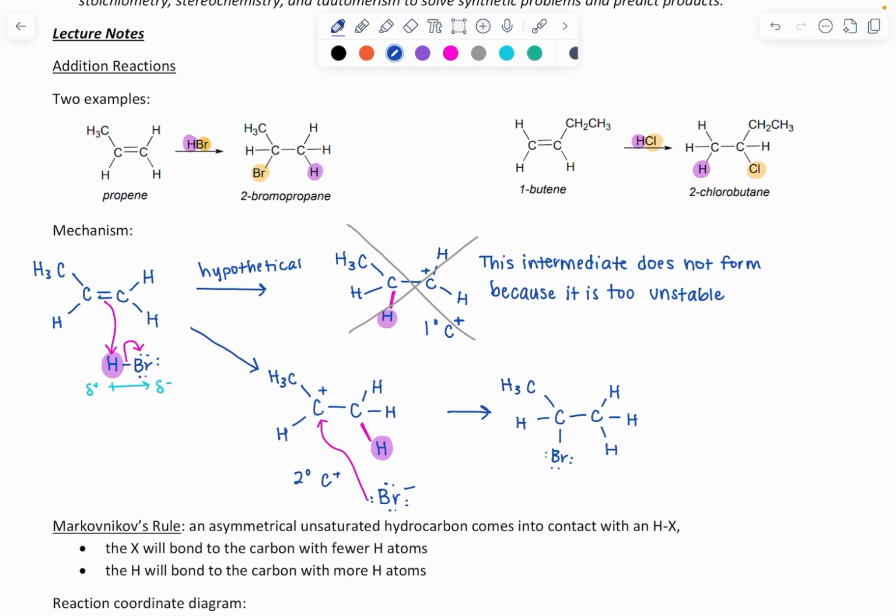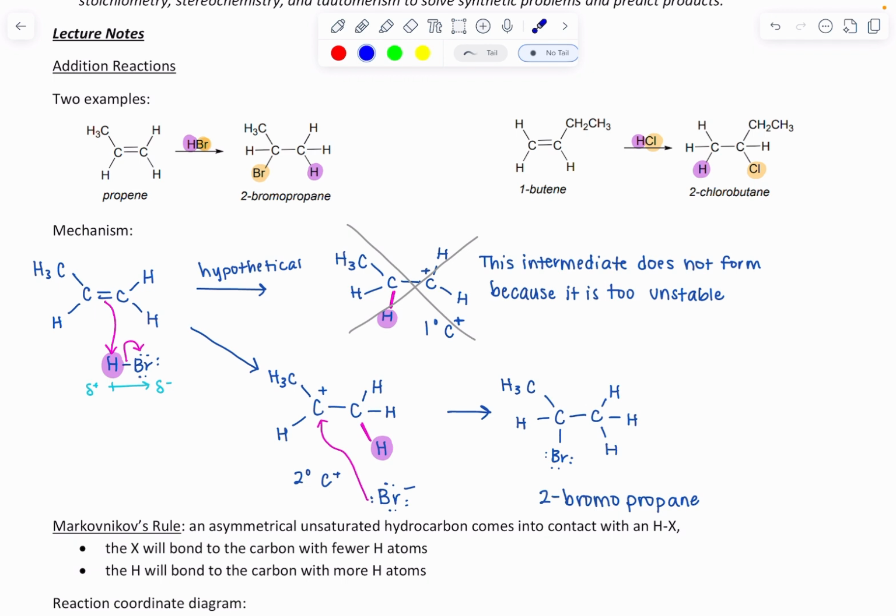And here's our 2-bromopropane. Okay, so that's the product of this addition reaction. You could follow the same steps and find and draw the mechanism for 1-butene becoming 2-chlorobutane. This is one example of an addition reaction.